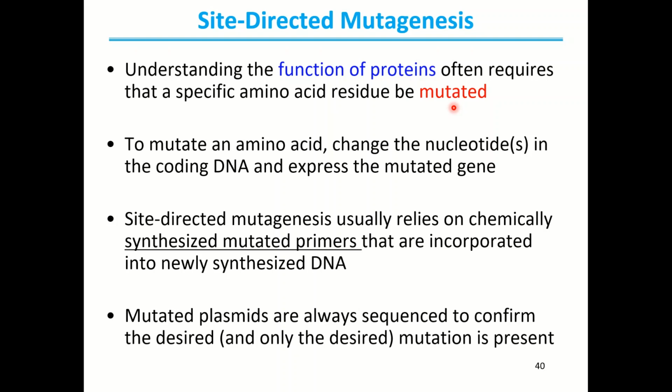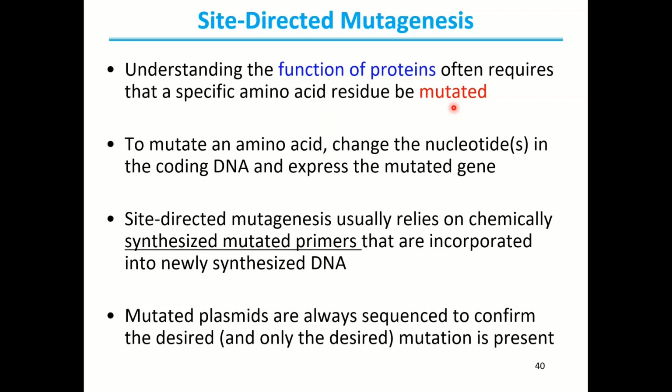Another thing that's often done is when you're studying proteins, you want to not just look at the native wild type protein, you want to add mutations into that protein for various reasons. You want to study biophysically what certain amino acids in a protein sequence are important for. One way to study that is by mutating them.